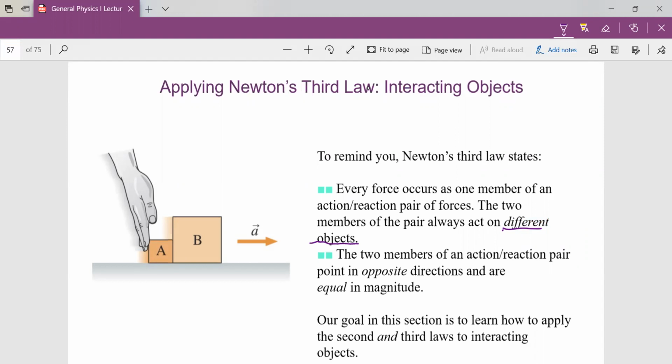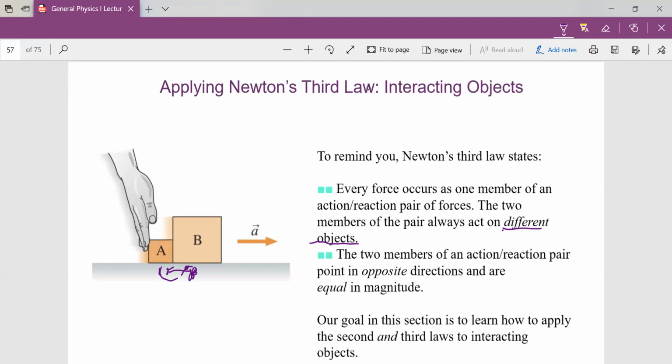So the object B is acting on a different object, object A, while object A is acting on a different object, object B. Okay, so we also emphasize the second point that the two members of an action-reaction pair point in opposite direction.